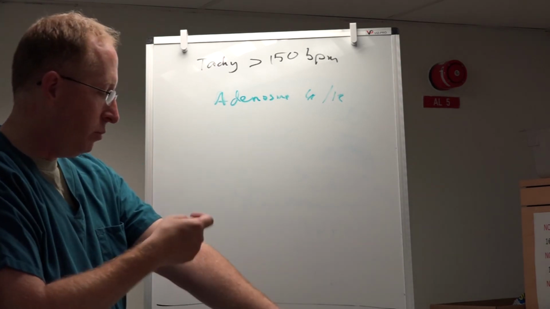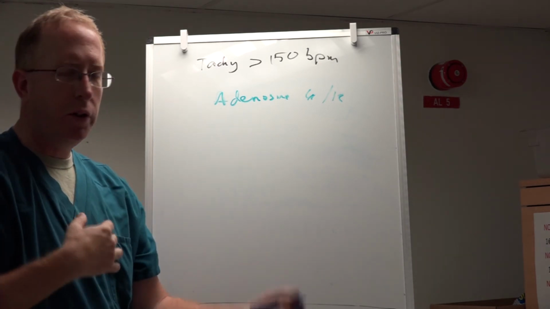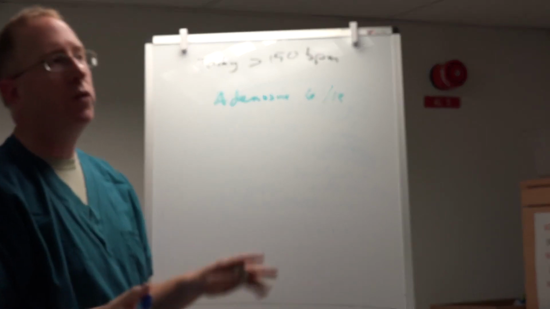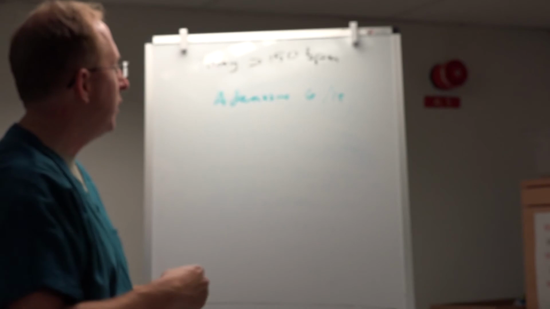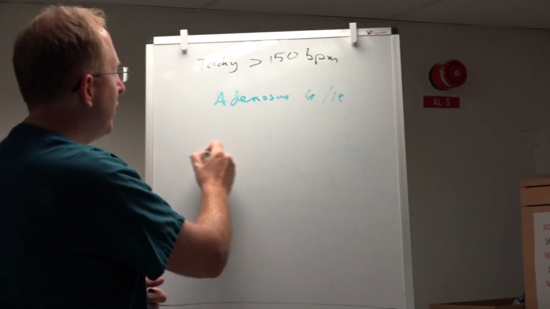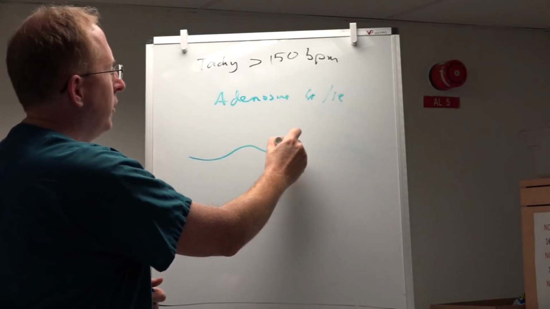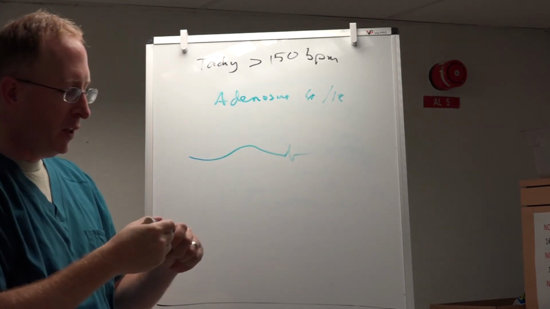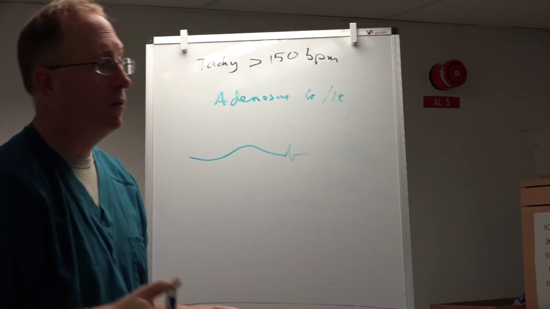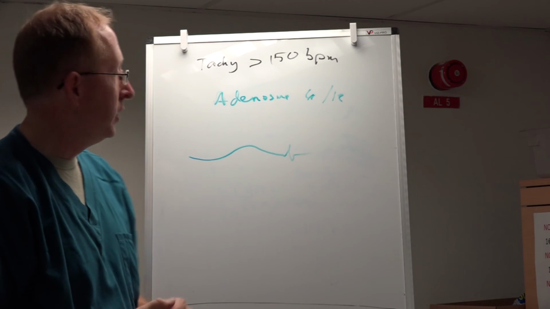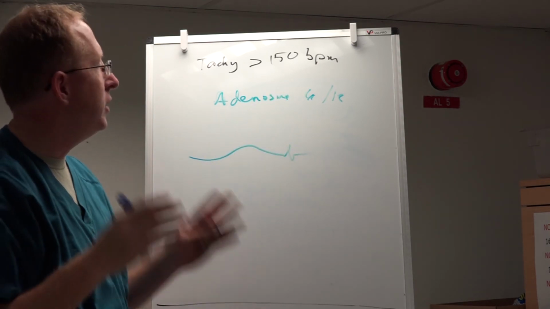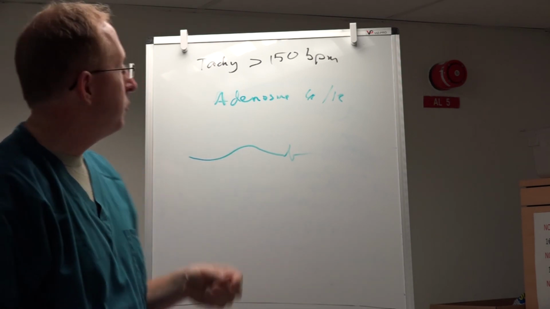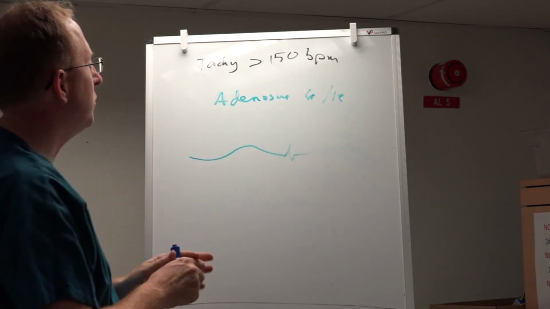You want to give it a quick push, and if they're conscious, you have to warn them, hey, this is going to feel funny, because their heart's going to stop. On the monitor, it'll just stop, and then it'll restart again. Maybe for a few seconds, and they'll feel like, what in the world was that? So you want to tell them in advance, hey, this is going to feel funny, but we've got to do it. 6 milligrams and then 12 milligrams.